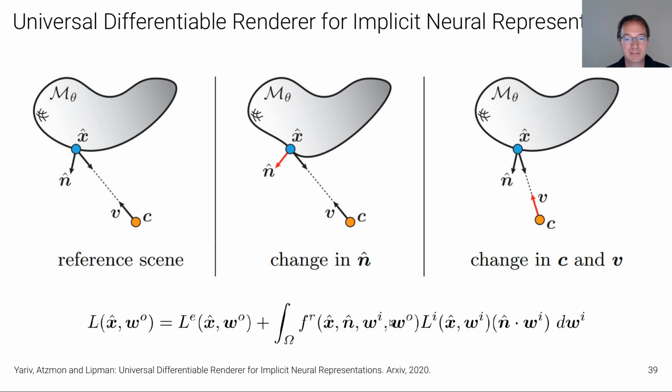The work is quite similar to our DVR model that I've shown you on the previous slides, except that they also consider now the normal and the light location. So we basically model the physical image formation process using the rendering equation, which you can see here on the bottom, where this shape representation is still represented by this neural implicit function. And the nice thing, of course, about modeling this shape using implicit functions is that normals can be retrieved quite easily.